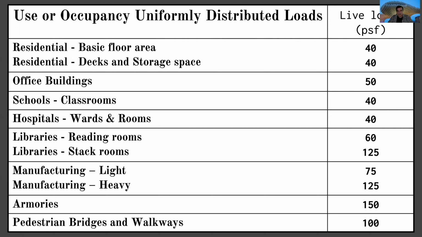But when the building has heavy manufacturing elements, or for example when we have armories, there are a lot of elements inside, and the building will be supporting a lot of weight. Therefore, the loads are much bigger, for example, for an armory it is 150 pounds per square foot. Those loads are in the building codes.